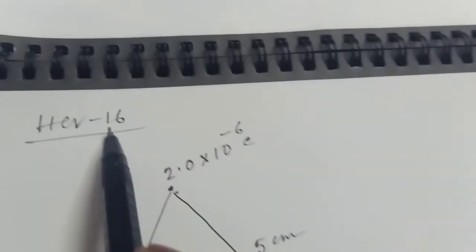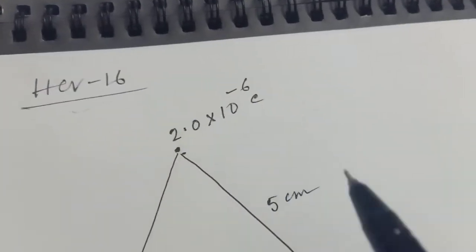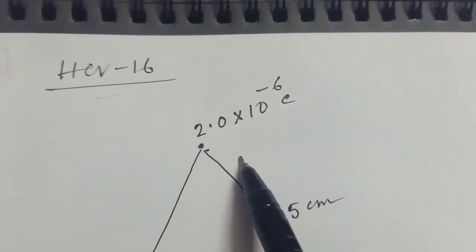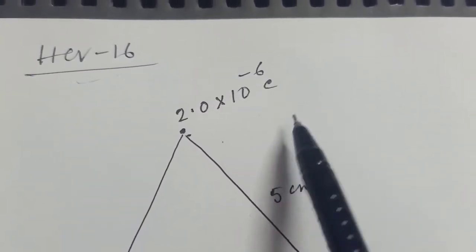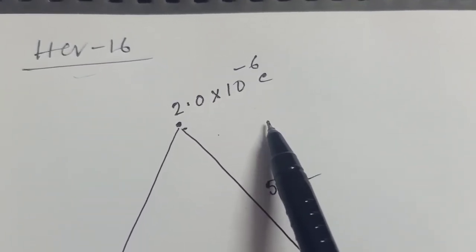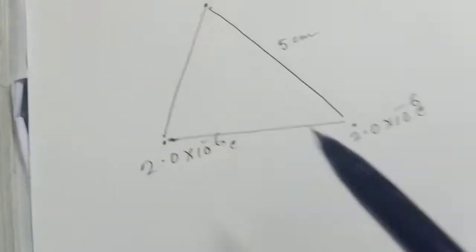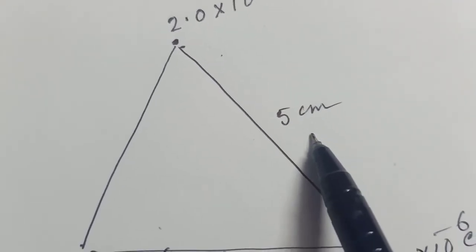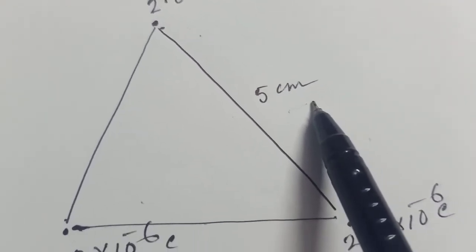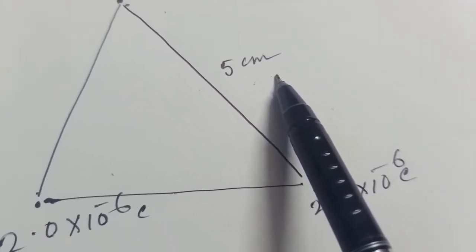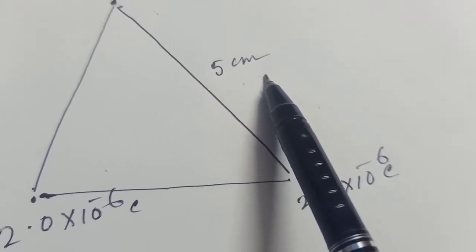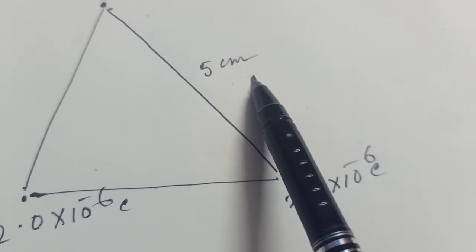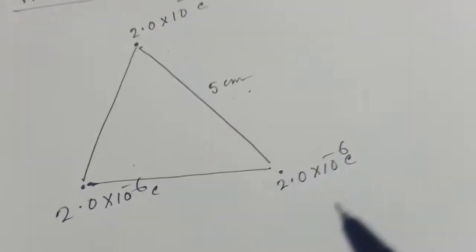This is AC Verma 16, and this is the triangle, and at each corner there is 2.0 times 10 to the power minus 6, that is 2 microcoulomb charges, at the three corners. The side given is 5 centimeters, and we have to calculate the Coulomb force experienced by one of the charges due to the rest.